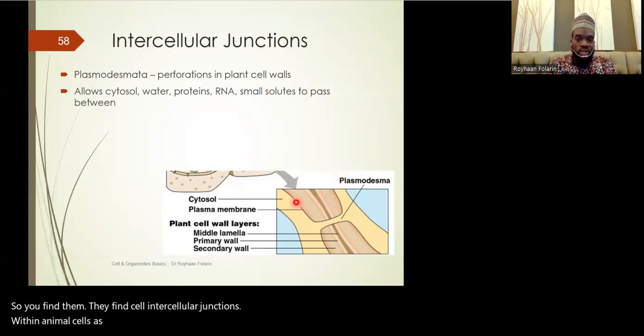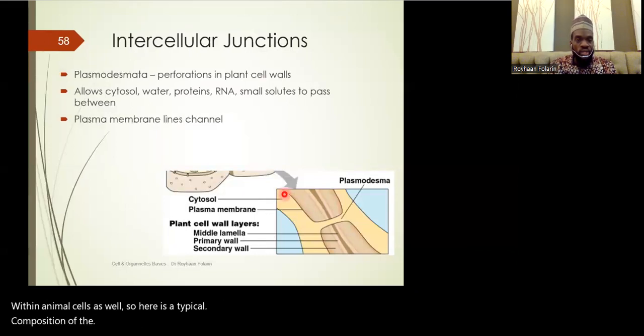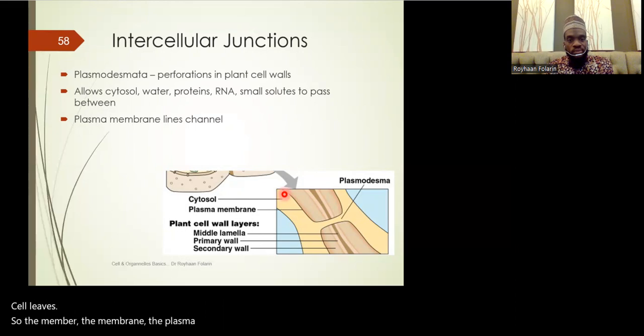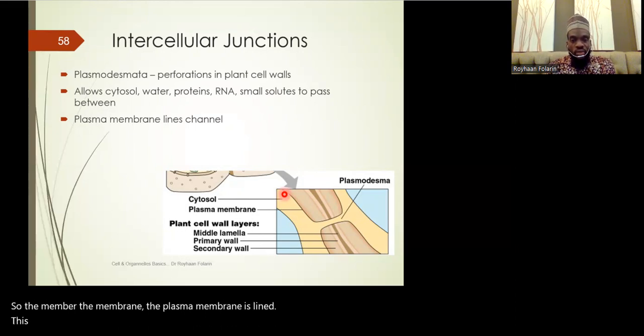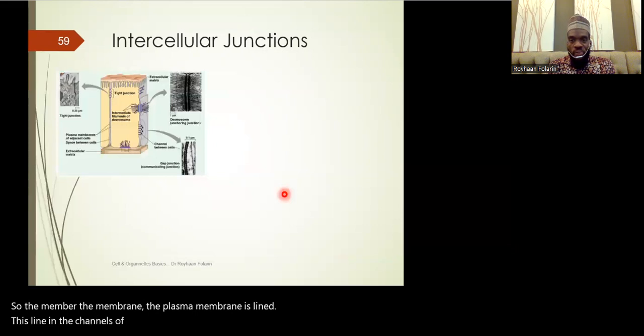So here is a typical composition of the cell layers. The plasma membrane is lining the channels of the cells.